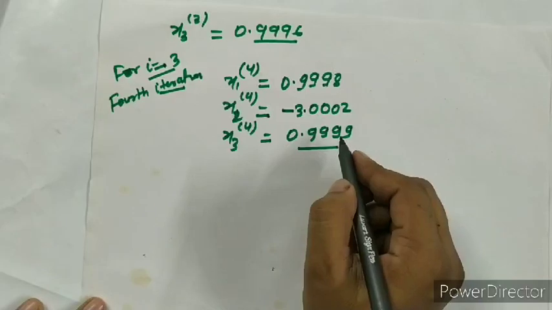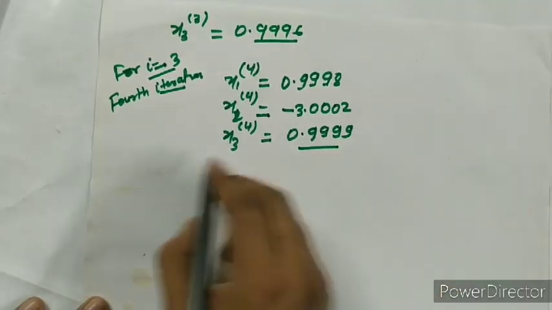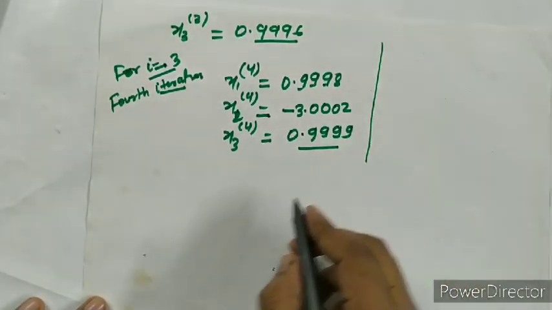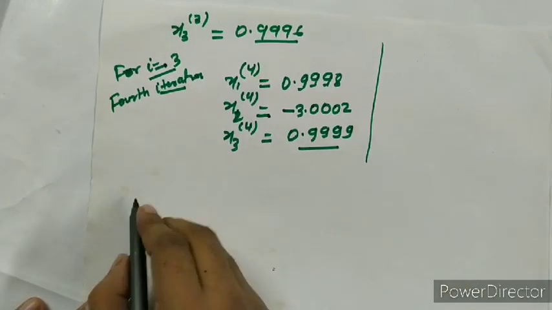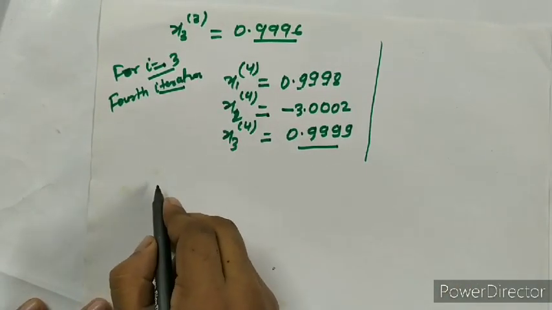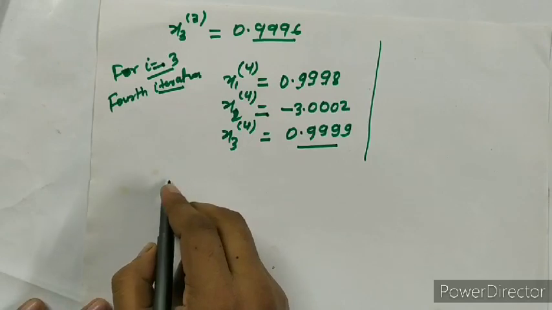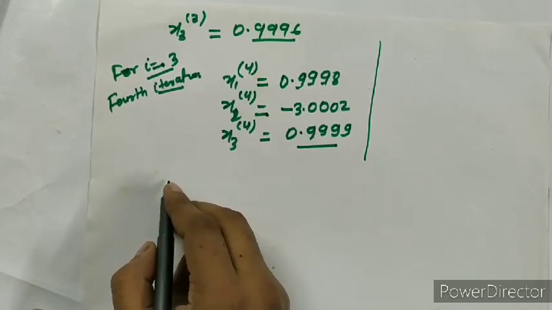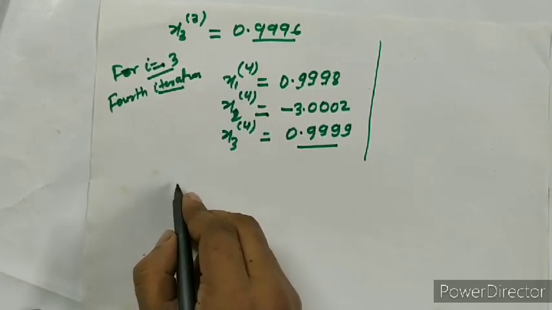So when do we stop? Suppose we have to stop at accuracy up to 2 decimal places.